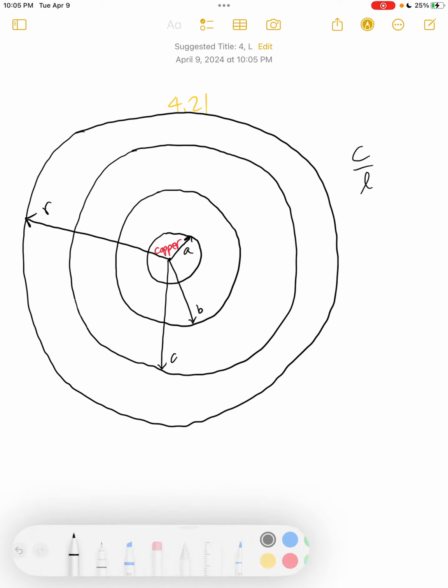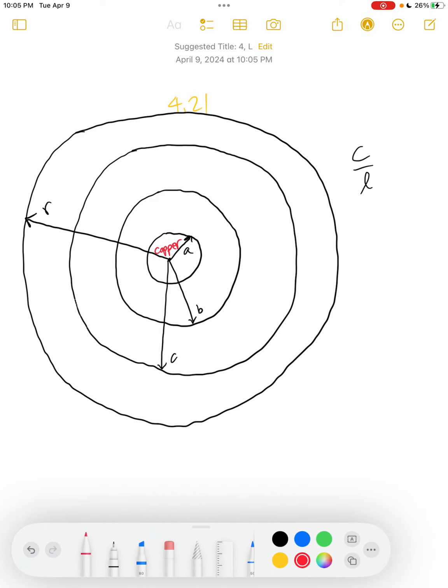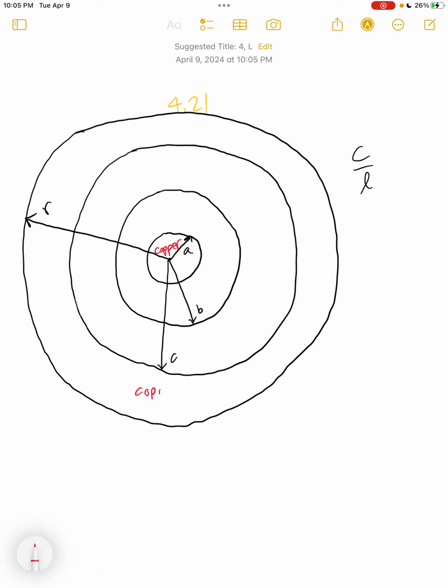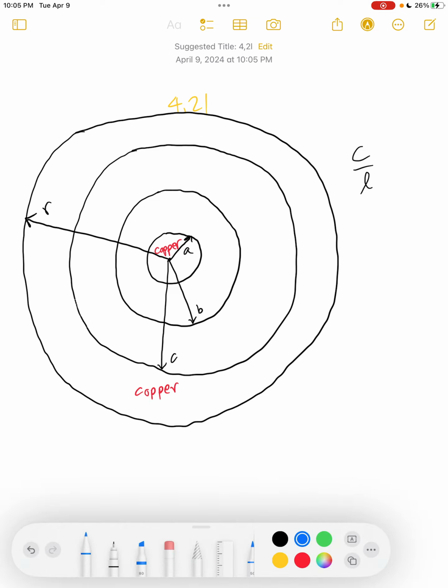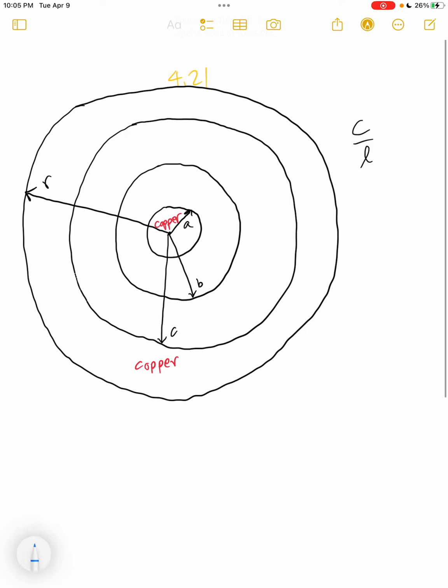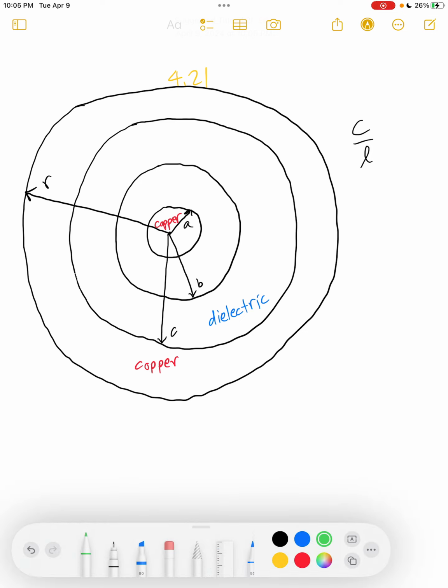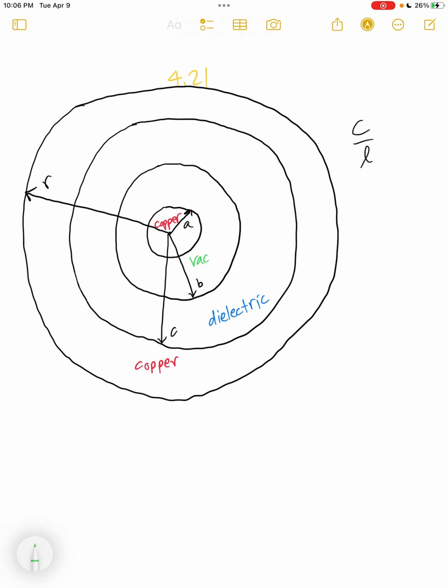Call it R. And from C to R, you also have copper. Now, as the problem tells us, from B out to C we've got dielectric material. And by looking at the figure Griffiths gives us, you can see that from A to B, we've got vacuum.